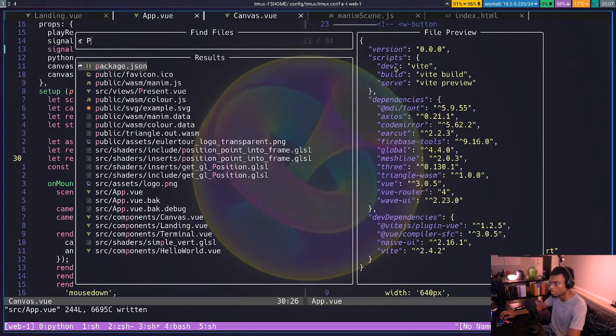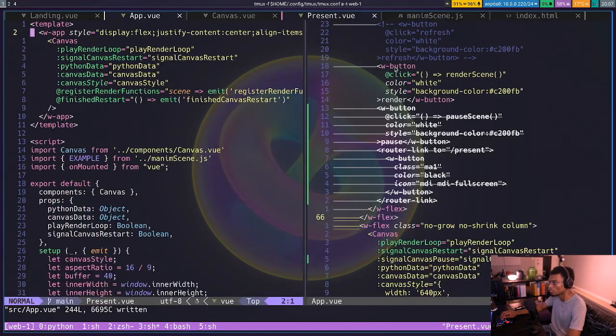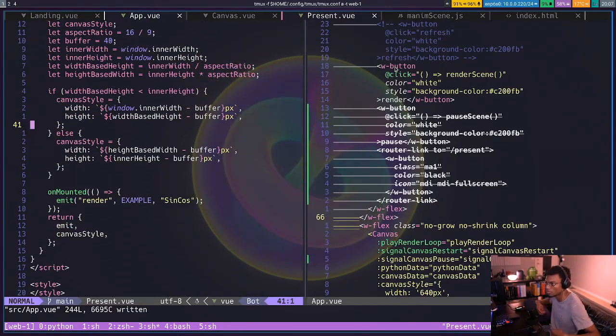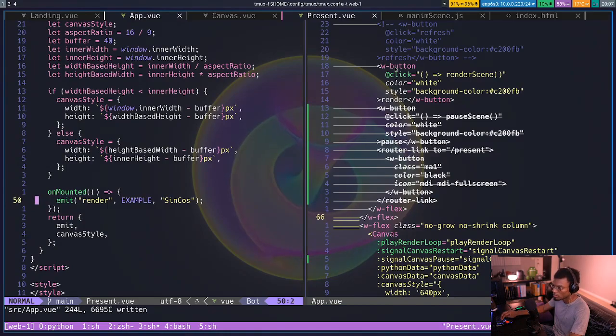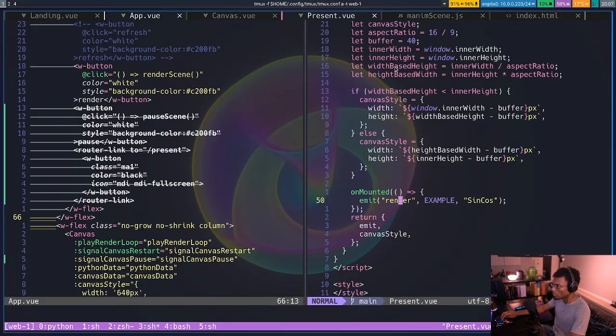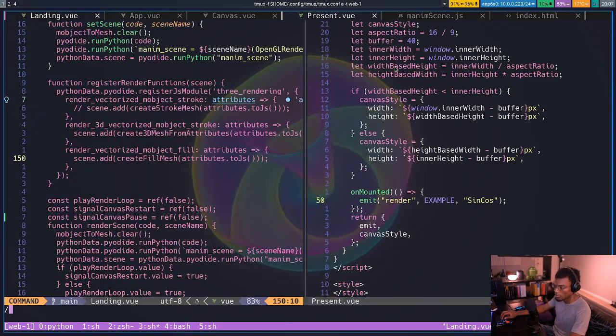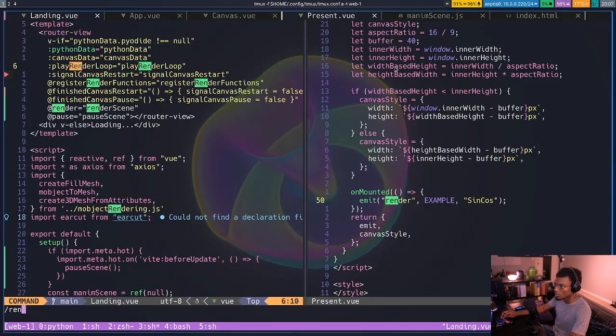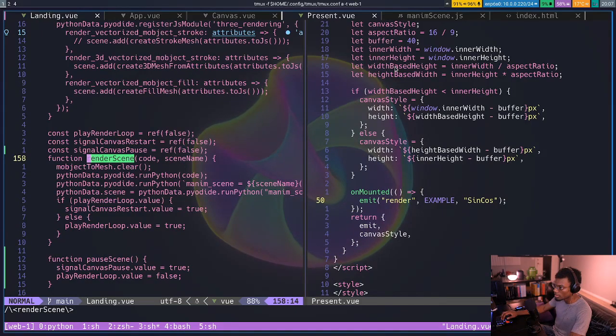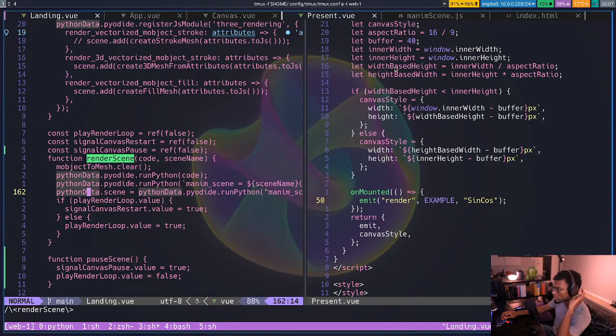There's a present screen, and then it emits render. When it rendered, it goes to render scene. I feel like that should restart it.